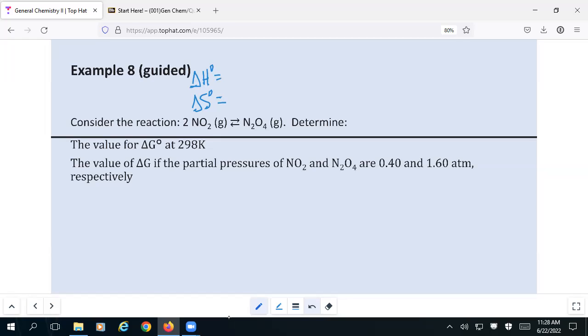Using the formation values, using the standard molar entropies. So I flip ahead to the nitrogen section in my text, and I see that for dinitrogen tetroxide, N2O4 gas, delta H is 9.2.